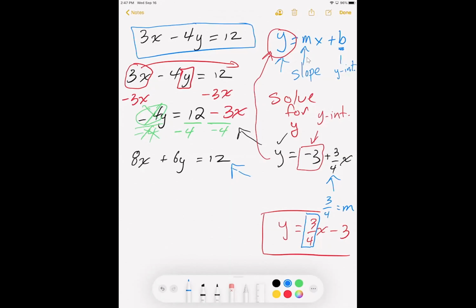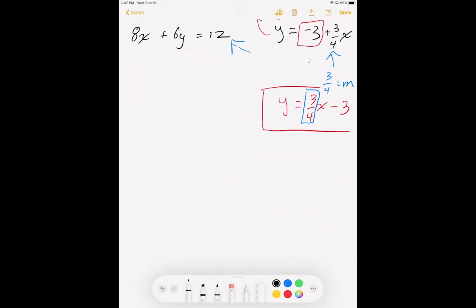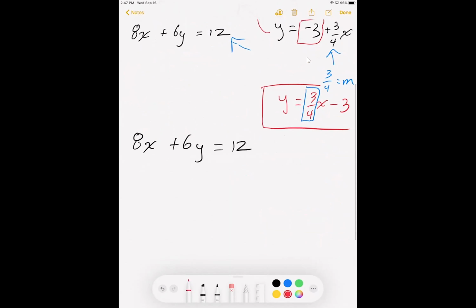So let me move this item so that we have quite a few room. Let me rewrite this: 4x plus 6y equals 12. Our goal is to get y by itself.